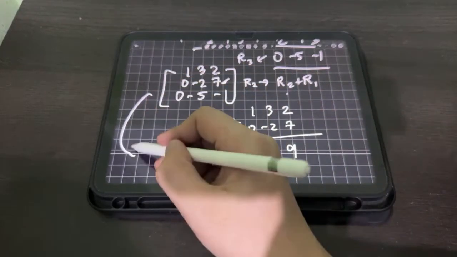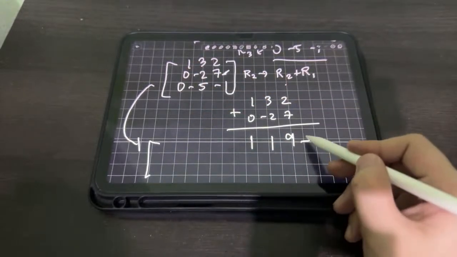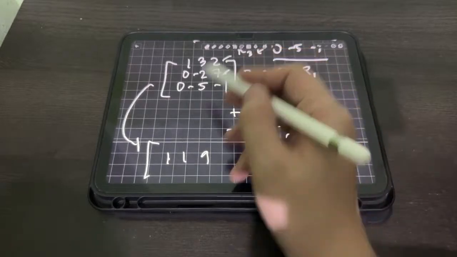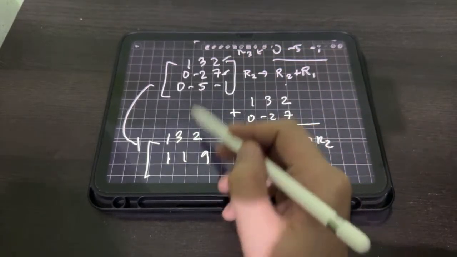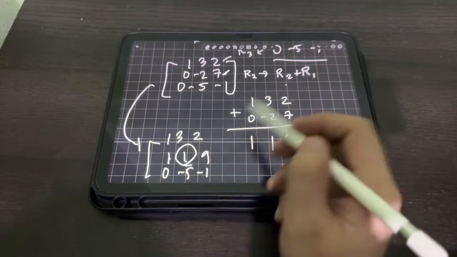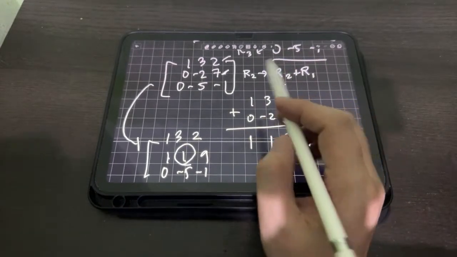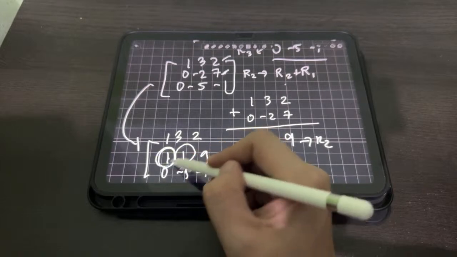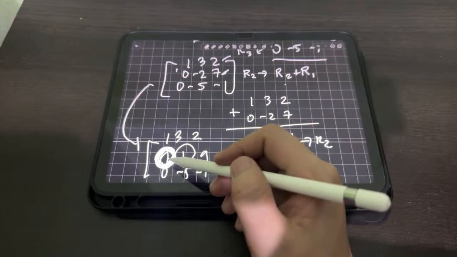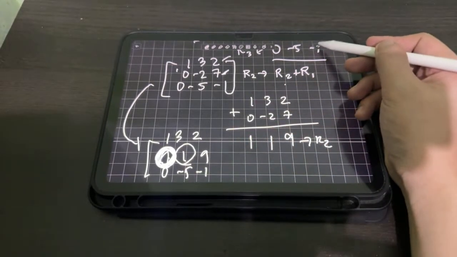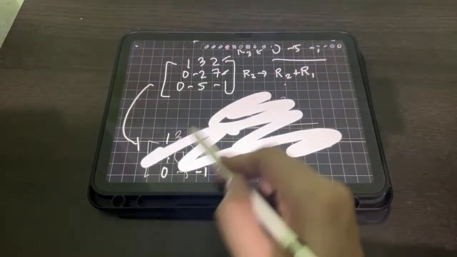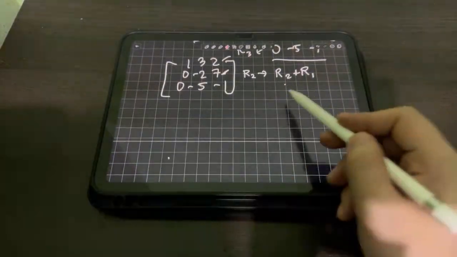So the new entries of R2 are 1, 1, 9. And then copy the first row, 1, 3, 2, and the third row, 0, -5, negative 1. Although we have created 1 here, which is the goal, this entry changed from 0 to 1, which is not a good thing. So therefore, we cannot do this. But we can get a 1.